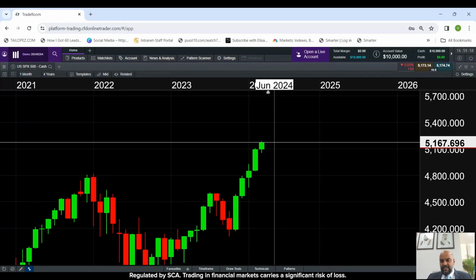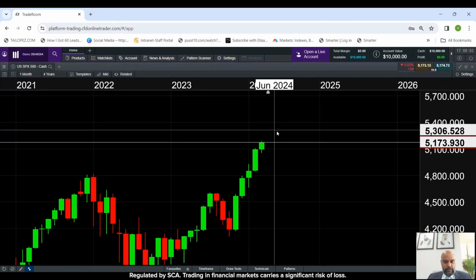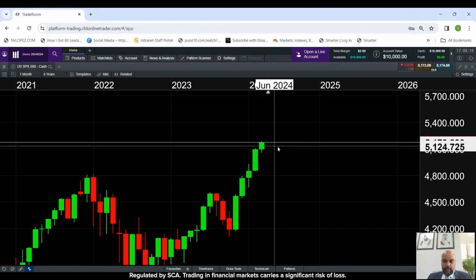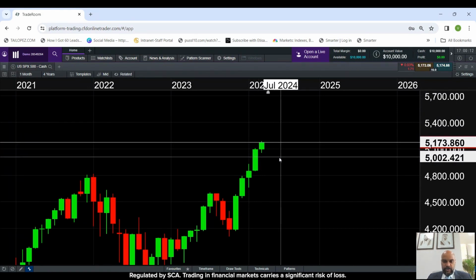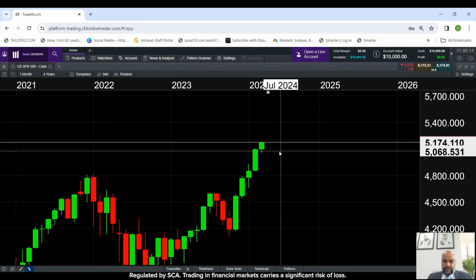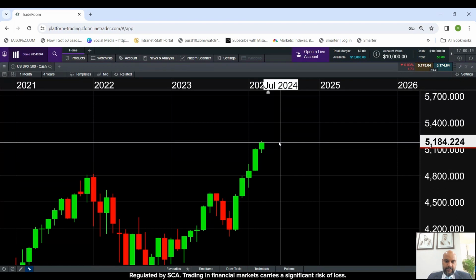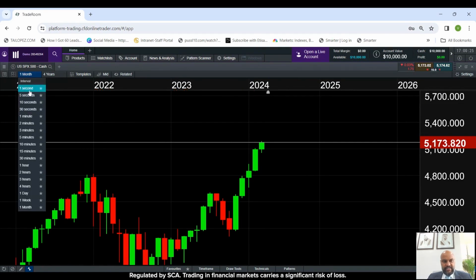Now let's assume that by the end of this month, the price closes at 5300. Then you will see a green candle up till here. But let's assume the price does not go above this after today, and it closes down here below at 4000. Then you will see a red candle because your open price is higher than the close price. The wicks will become your high and low. So that is a very simple understanding.